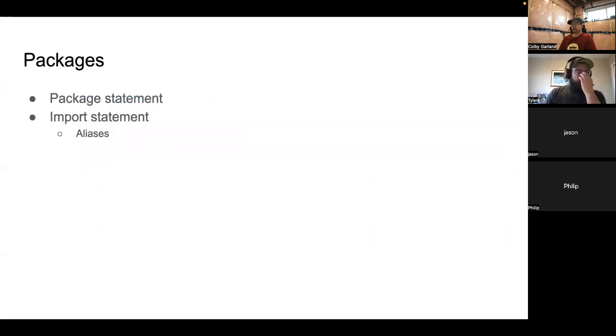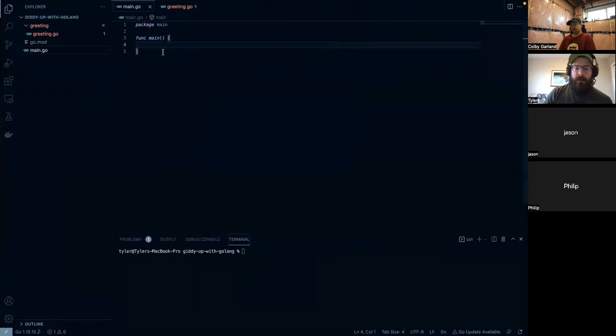So we'll get started with a little bit of code here. Go implements packages through an import statement. Can you guys see my VS Code? Yep. Perfect. So up here, you'll notice I've got a package main.